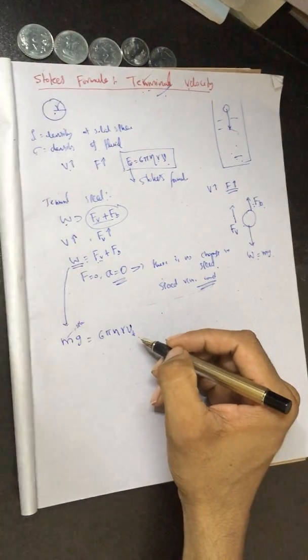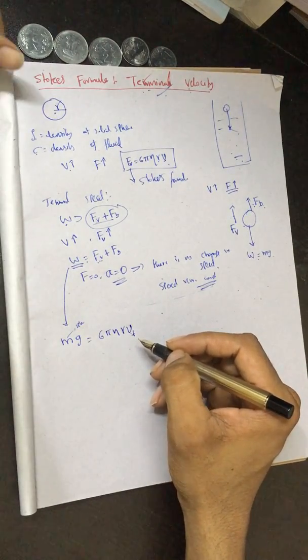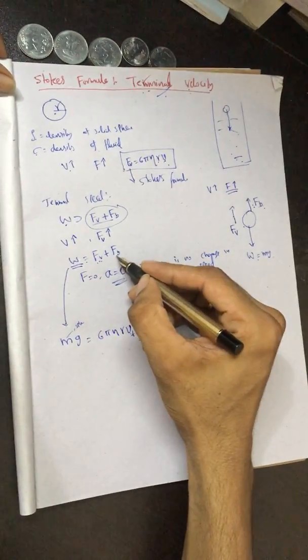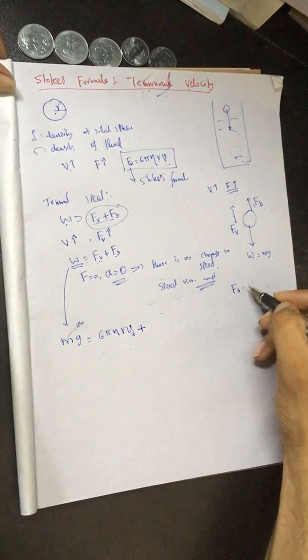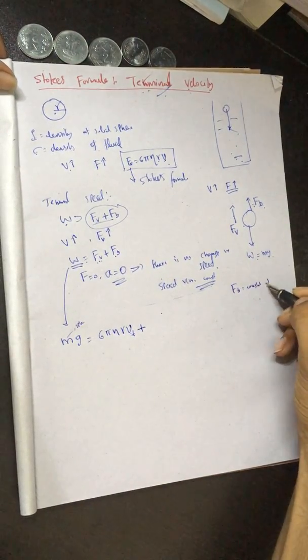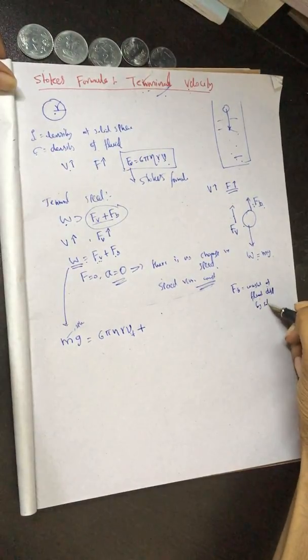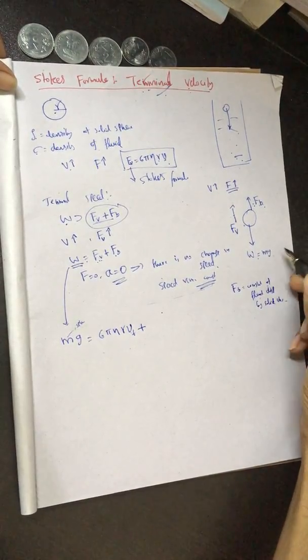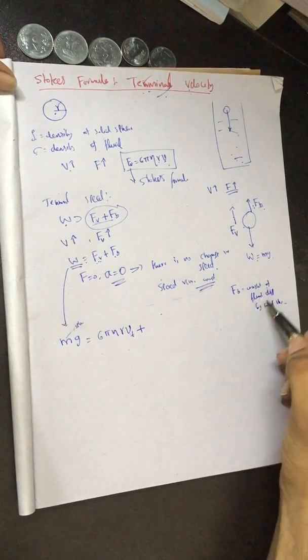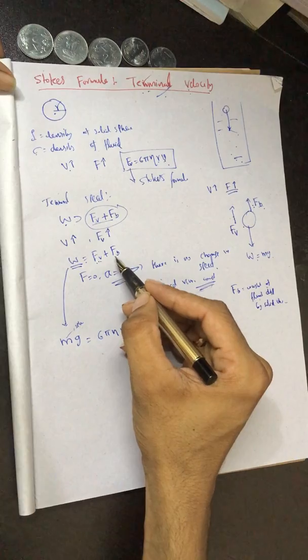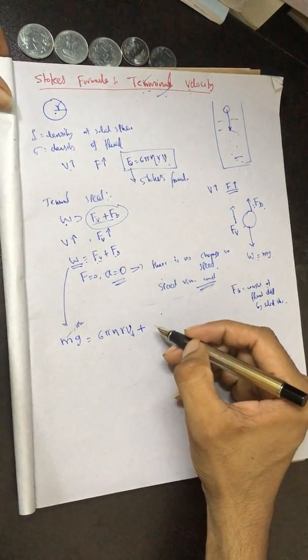plus this buoyancy force, which is the weight of the fluid displaced by the solid object. According to Archimedes' principle, the weight of fluid displaced by the object is called the buoyancy force. So how much is that?